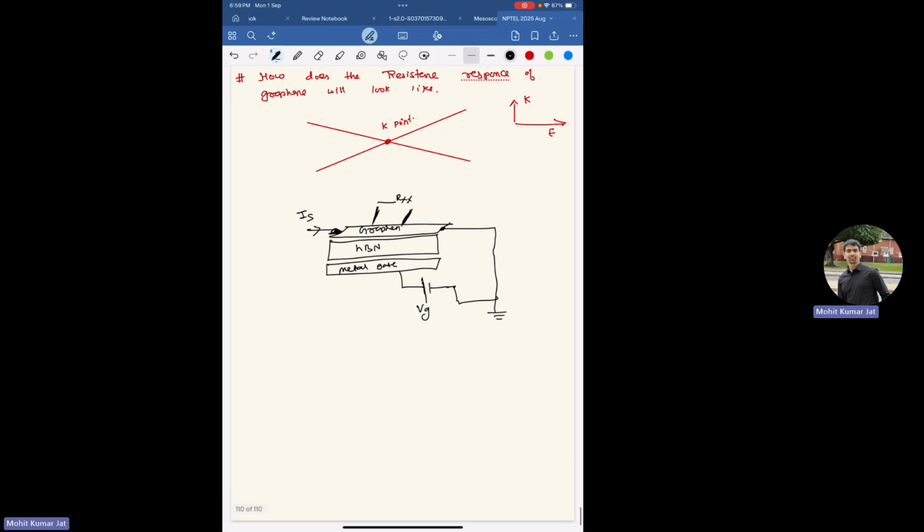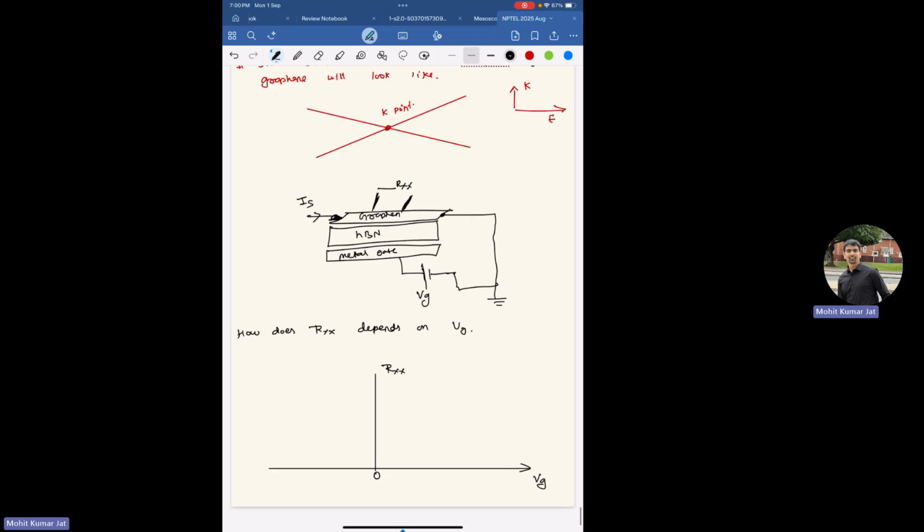Now if I ask you, how does RXX depend on VG? So if I ask you to draw a curve of the resistance, this is my resistance, this is my VG, this is VG equal to 0 and RXX equal to 0.